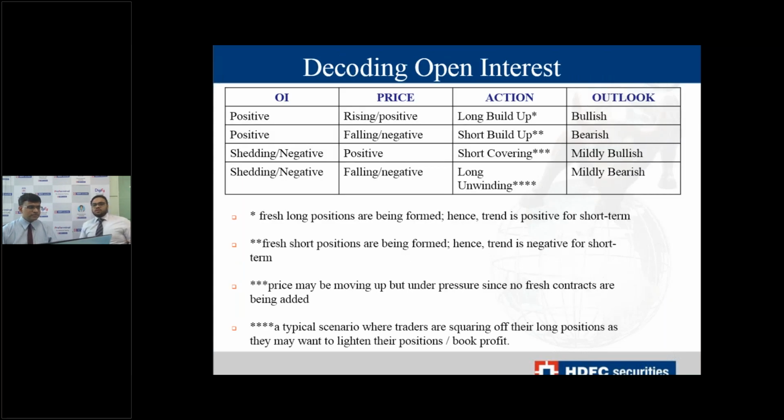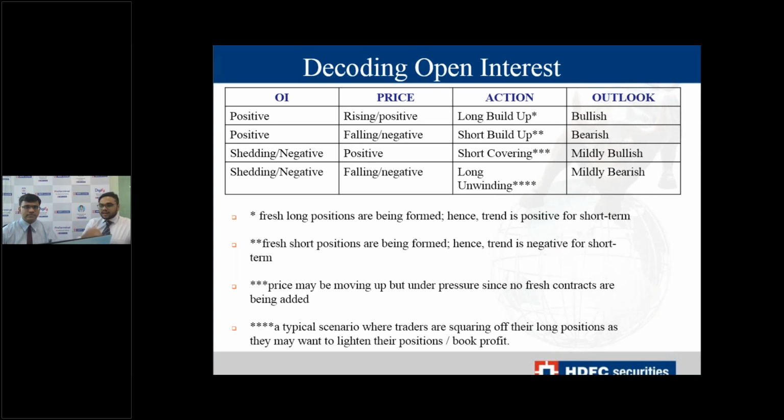So let us decode how we can use the open interest for our benefit. It is a very simple concept, but it will add an edge to our trading. So how will it help? If the price increases with a rise in the open interest, it means we have a bullish outlook on the market.